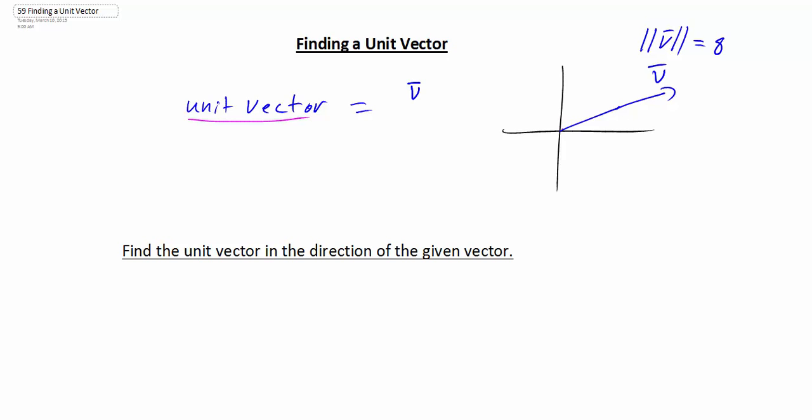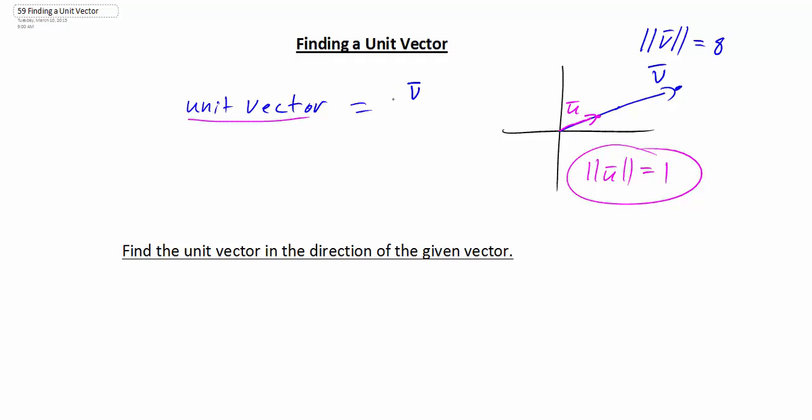So we want a vector going in the same direction, but if this is the unit vector, its magnitude is simply going to be equal to 1. We want to find the vector that matches the direction of the other vector, but only has a length of 1.